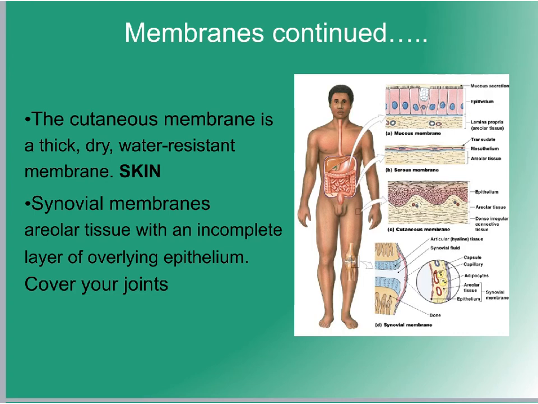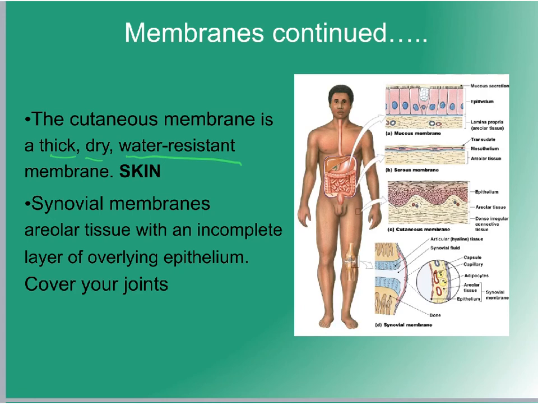There is the cutaneous membrane. This is the skin, and we're going to learn a little bit more about the skin this week. The cutaneous membrane is not wet. It's thick, dry, and water resistant. So if you think about your skin, and your skin is quite thick.